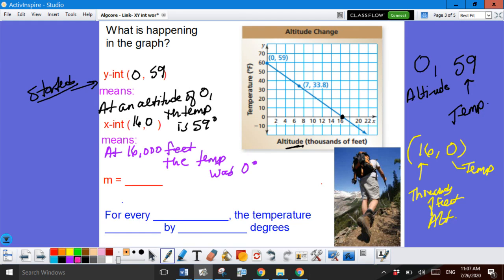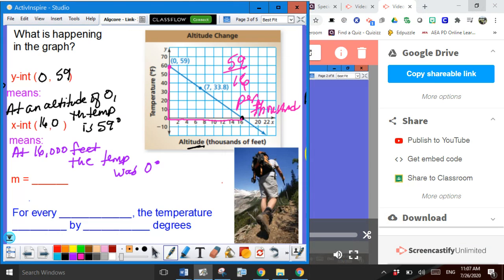Let's go ahead and figure out our slope. So I'm starting at 59, and I'm going down to 0. So 59, and then I'm going over to 16. So 59 over 16. And I'm going to figure this out per 1,000. So I'm going to divide. Let me pull up my calculator here.